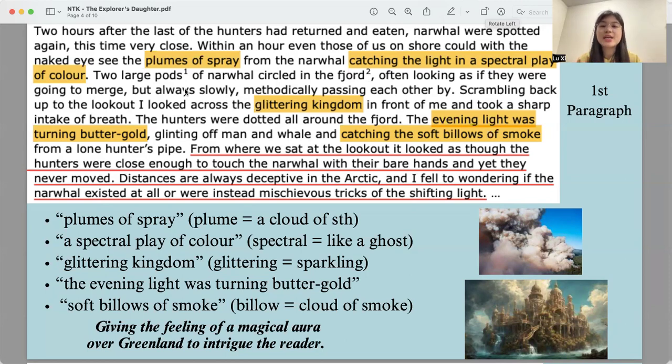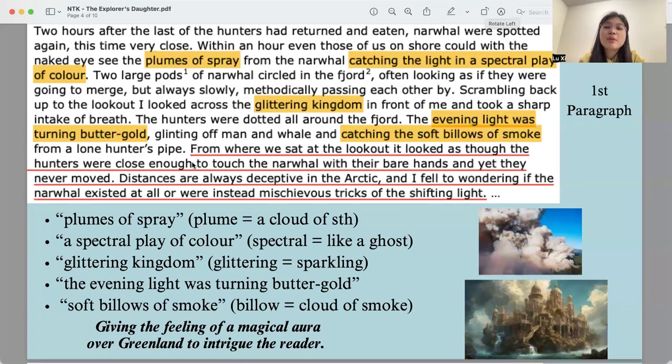So it's okay if you do not understand all of the vocabulary here. It's totally normal. Just don't worry too much about it and don't look up the dictionary right away. Give yourself some suspense, give it a guess and then keep on reading.